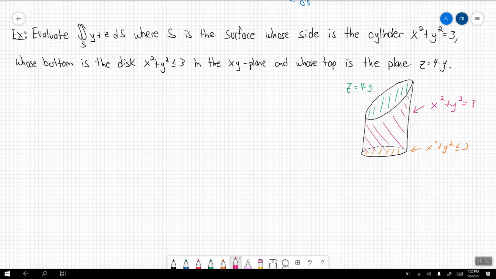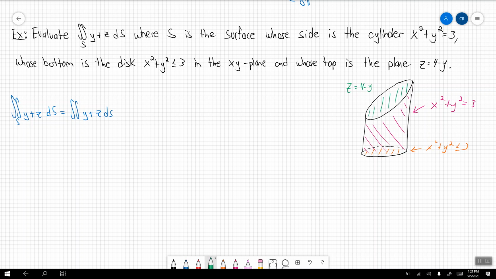All right, so here we are. Now I'm going to say that we're starting with this surface integral: the surface integral of y plus z with respect to the surface. We're going to be able to split this surface into 3 different components. The first surface we can go with is the plane up here.